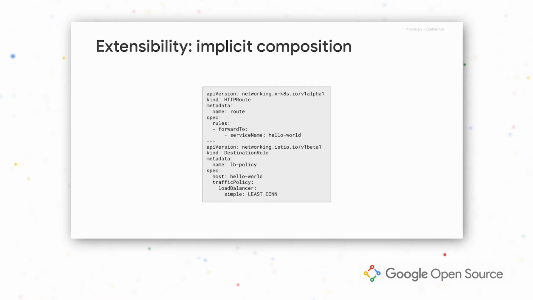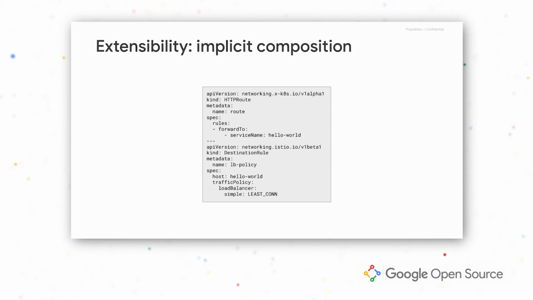So I talked a lot about extensibility, and I wanted to show two examples of how that will work. In Istio today, a lot of the configuration has this implicit composition. Here I have a destination rule, and I'm saying the host is hello world, and I want to apply some load balancing policy. Somewhere else, I may have a route that sends traffic to hello world.